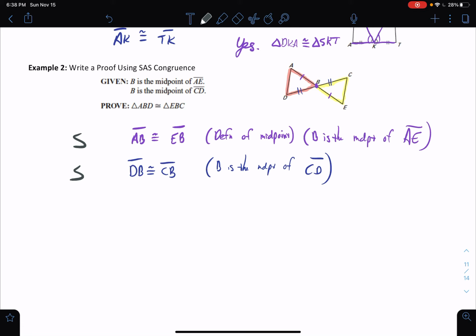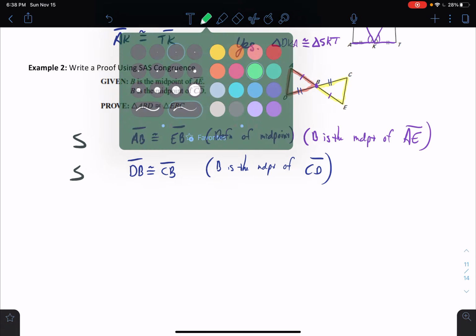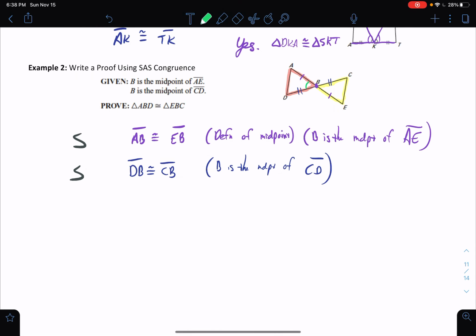What else can I tell because of the diagram? All right, we also want to use the diagram to help us out. Well, notice what we've got here. We have vertical angles as my included angle here. All right, vertical angles. If we see vertical angles, we want to say that because that's telling me that two angles are congruent.